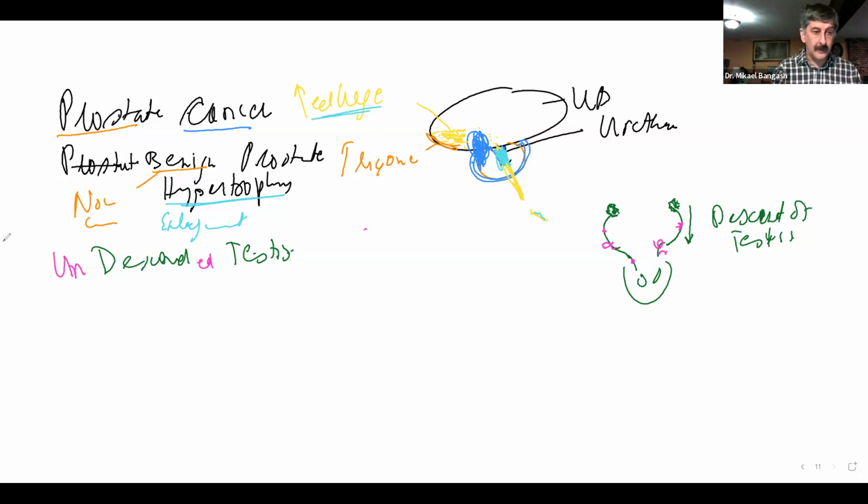Now, what's going to happen here? Well, first of all, let's say that either one or both of the testes didn't make it to the scrotum. What is the scrotum going to feel like? Like an empty sac. You have the scrotum, but the testes did not descend into it.